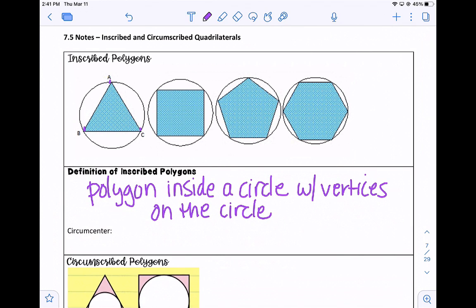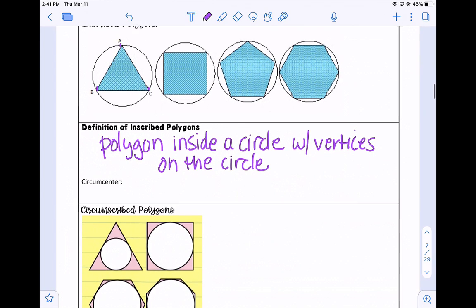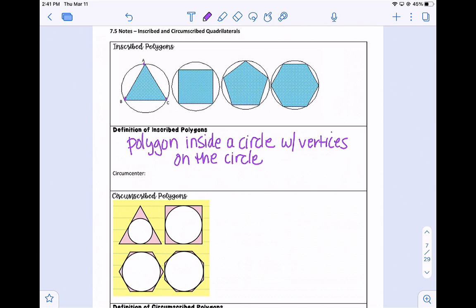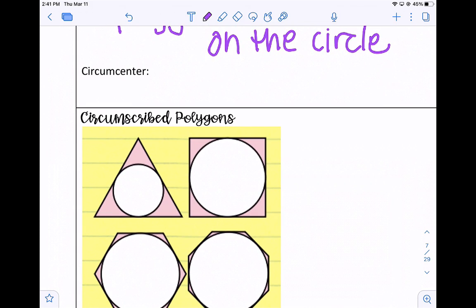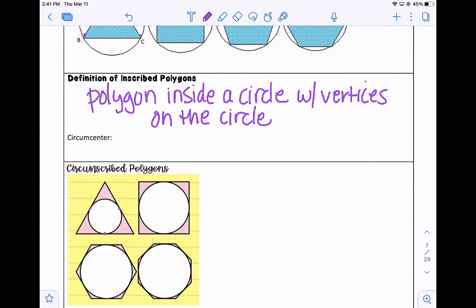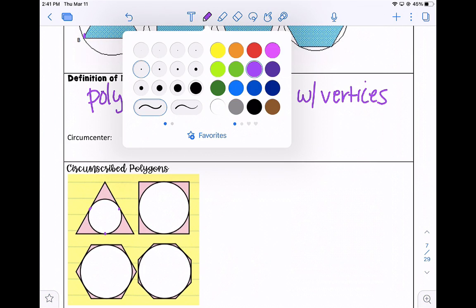Let's take a look at circumscribed polygons. So circumscribed polygons is kind of the opposite, right? In a circumscribed polygon, the polygon is on the outside of the circle, so the circle's inside the polygon. And if you notice, each side of the polygon is tangent to the circle. So let me switch colors here.